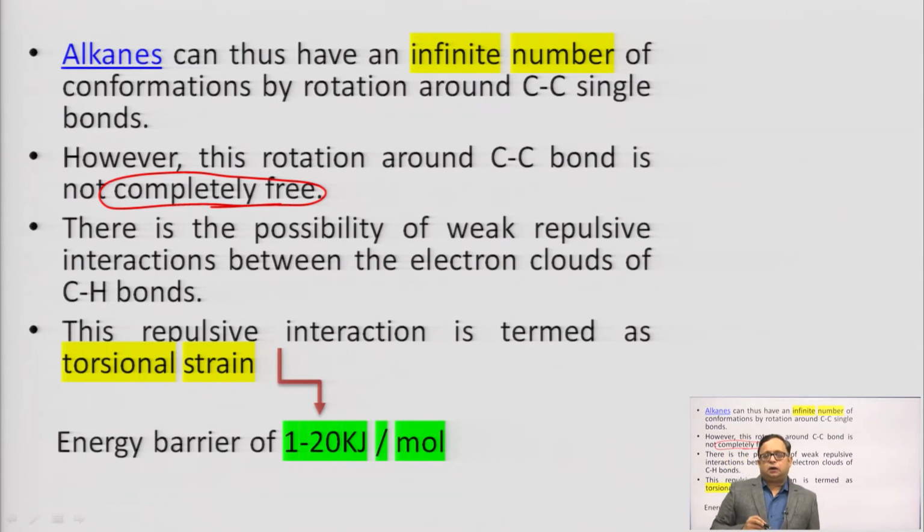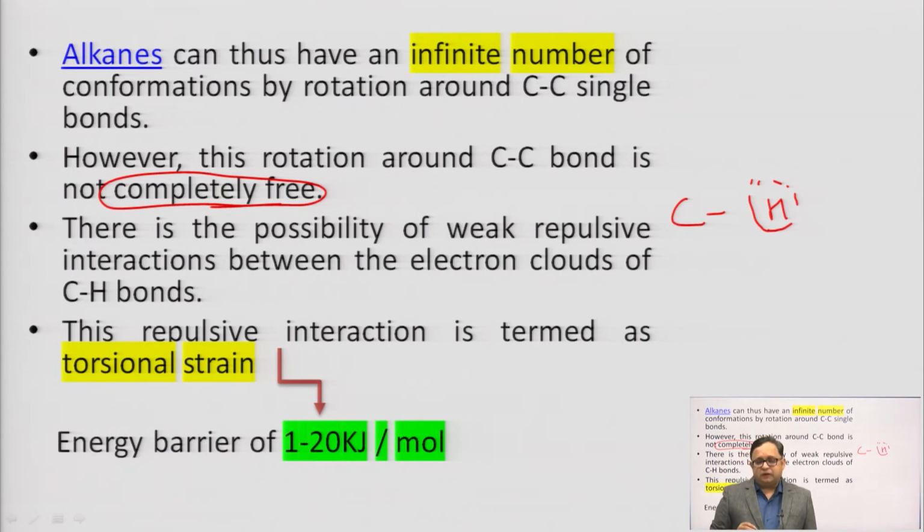What conditions create hindrance, and why is it not completely free? It is due to the possibility of weak repulsive interaction between the electron clouds of the C-H bonds. The various carbon-hydrogen bonds possess their own electron clouds, which, being electronegative in nature, create repulsion between them.